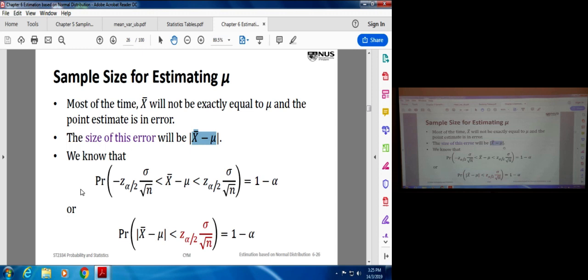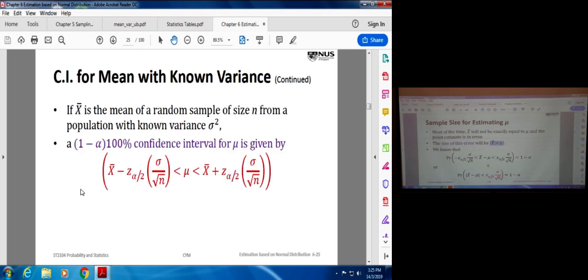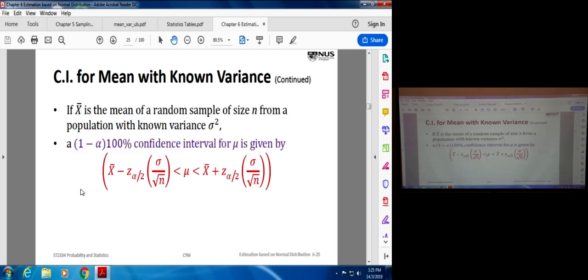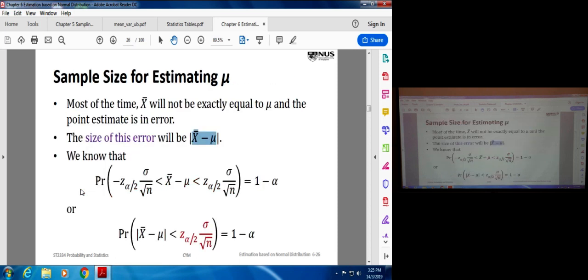So we know that already. What the calculation we just did says is that the probability that x bar minus mu is in this interval is 1 minus alpha. That's just a rewriting of this equation. Now, this is a two-sided thing. So this statement here is equivalent to the absolute difference of x bar minus mu being less than z alpha over 2 sigma over root 10.